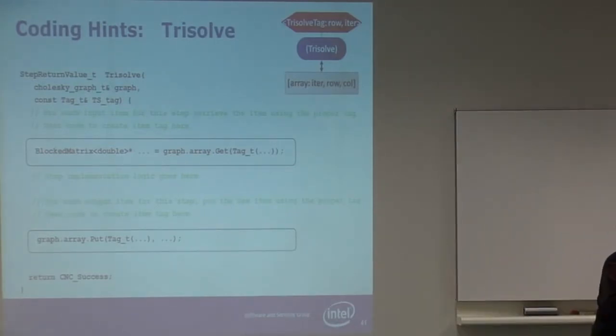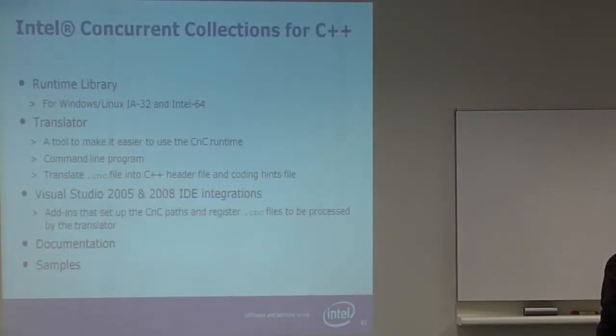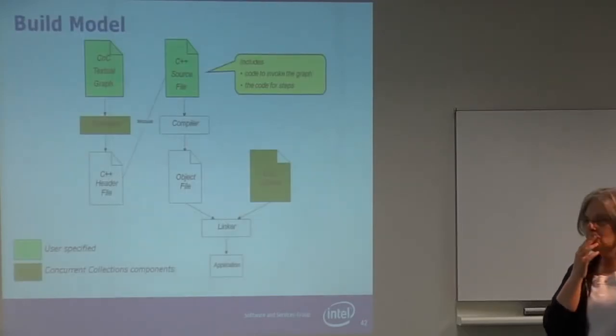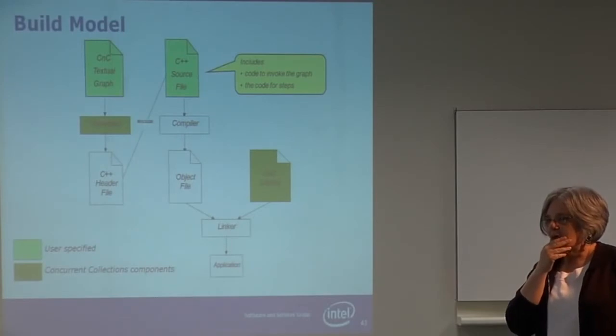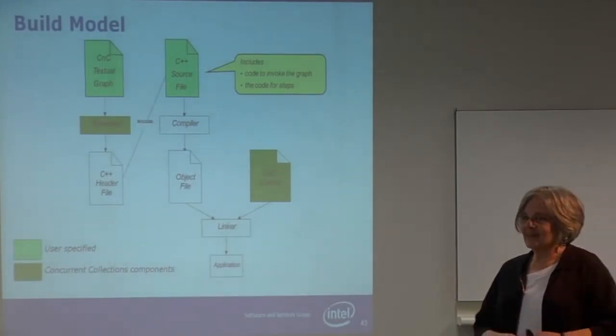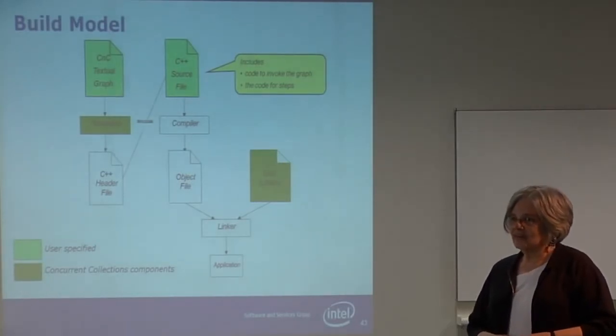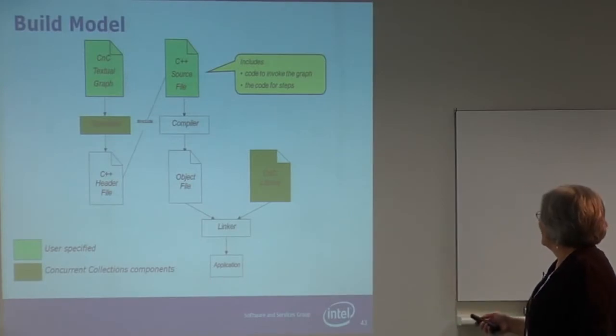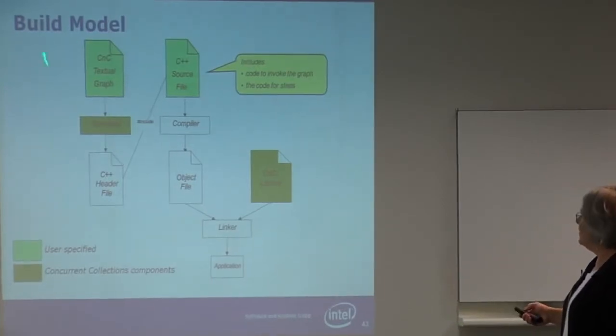So let me see. But then you generate this code, and the user, the domain expert, is going to write code, and then you end up with the C++ code in this particular case that you put through a compiler. That's this thing. So this green is the user code.